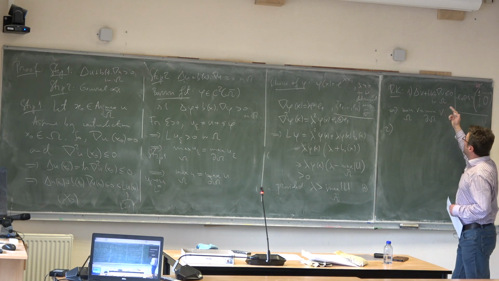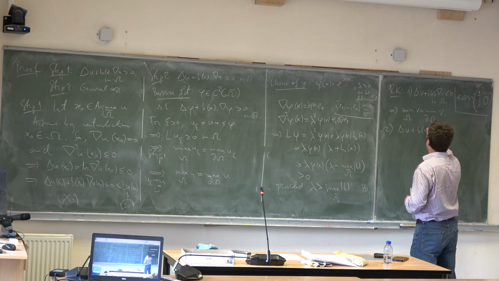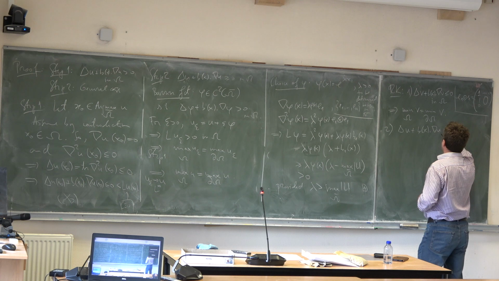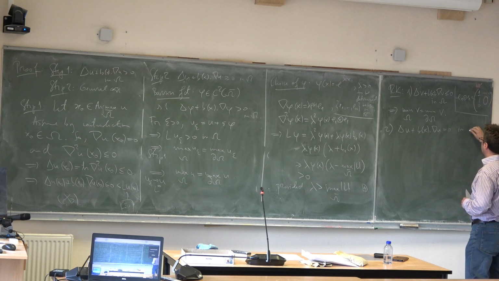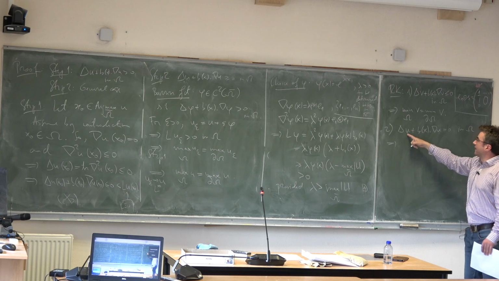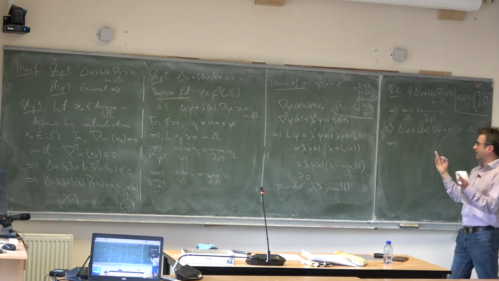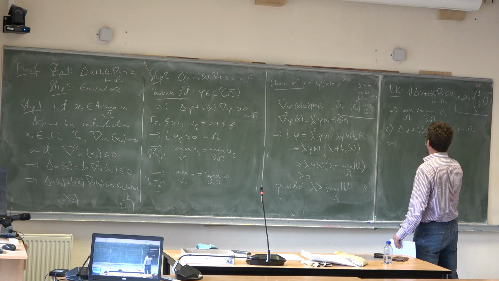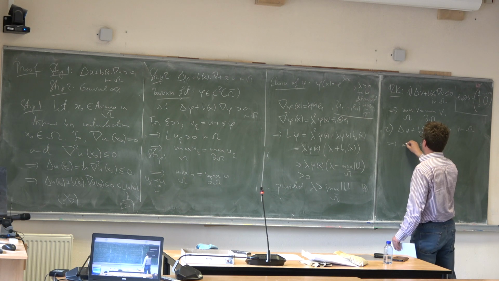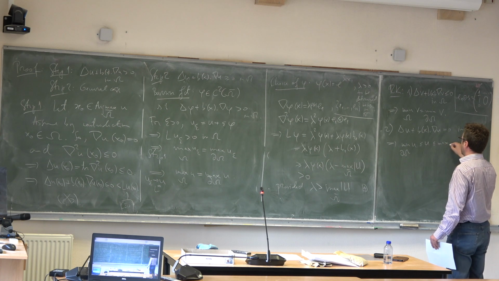Okay, and if you put them together, then you will have that if Laplacian u plus b(x) dot grad u is 0, then you know that the maximum and the minimum are at the boundary, so this means u is between these two values. So u will be between the minimum at the boundary and the maximum at the boundary.